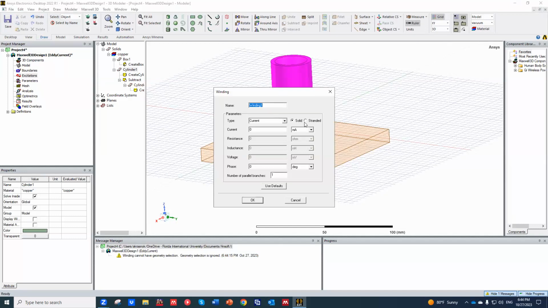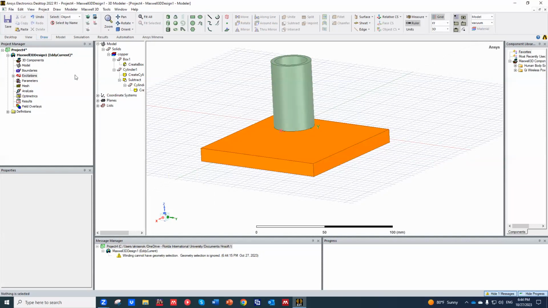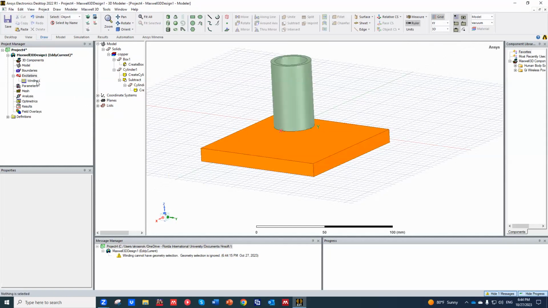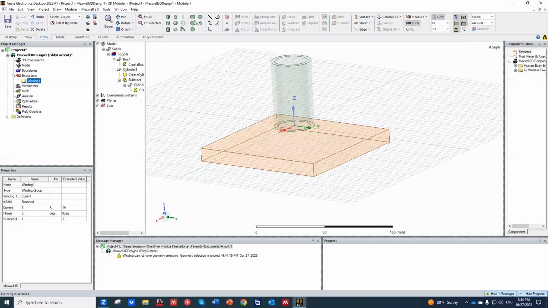Okay, winding, and then stranded. And let's assign it a current of 1 ampere. Okay, very good. And now in this winding, we need to assign a coil terminal. So this is basically how the coil is excited and arranged.